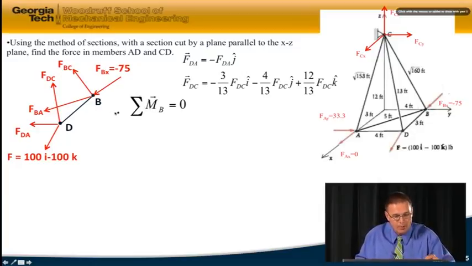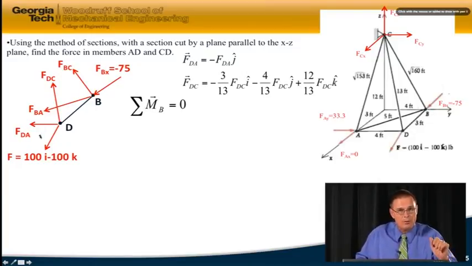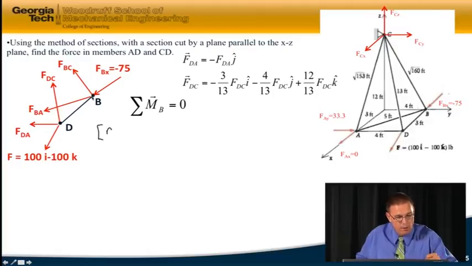So I've got the sum of the moments, and again, I've got to use the vector form of the moments here. So I'm going to go R cross F like we learned in our earlier course. So we've got R from B to D crossed with FDA.